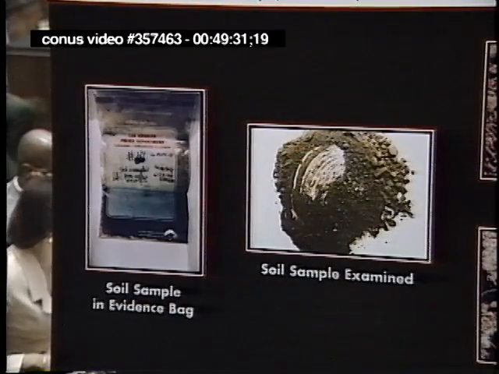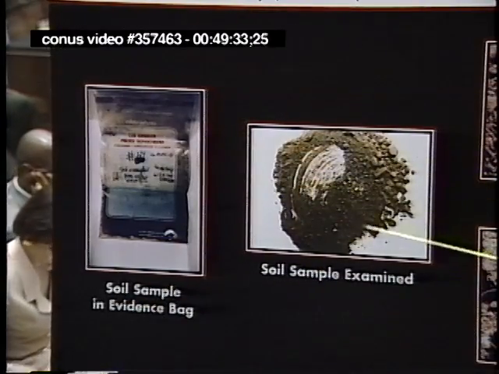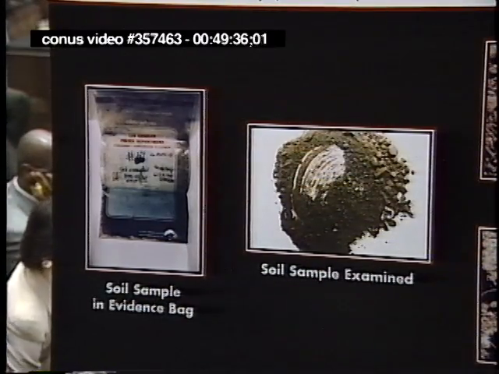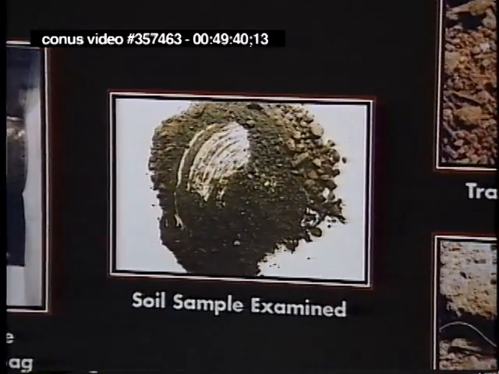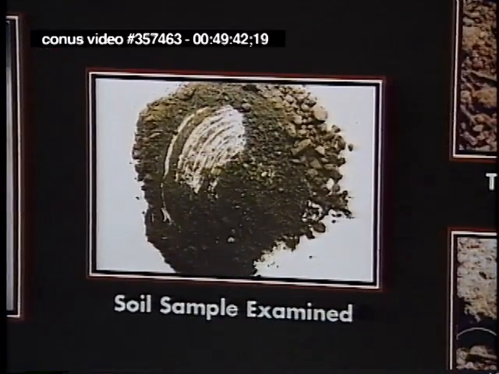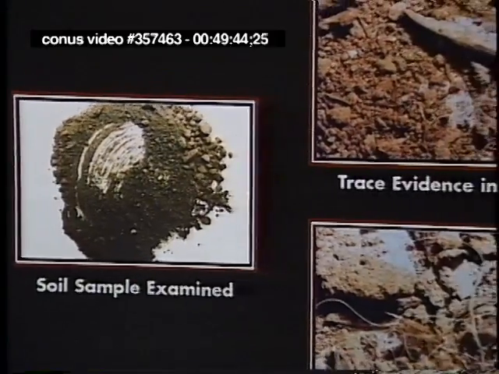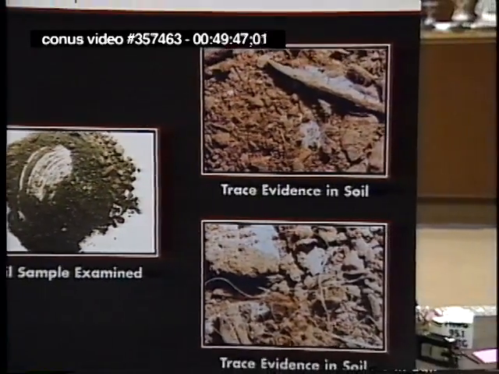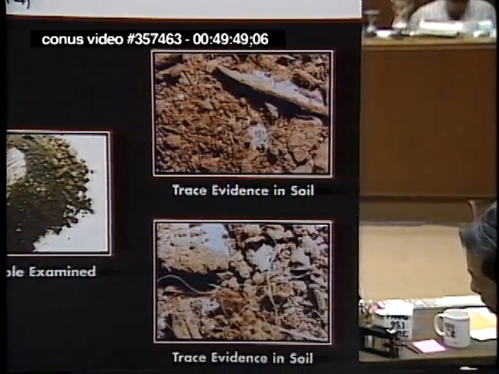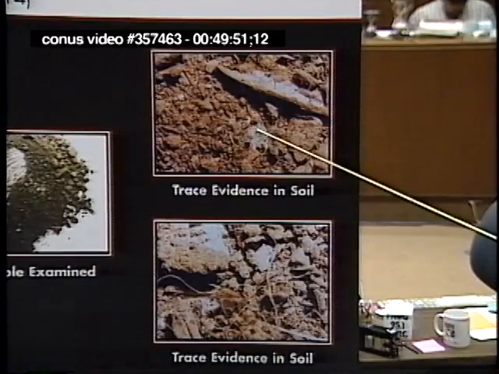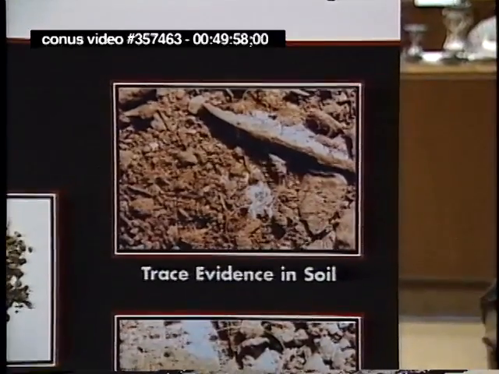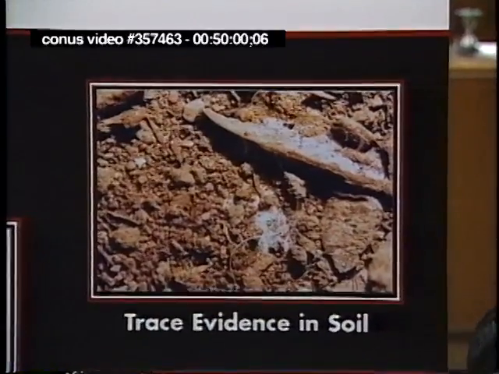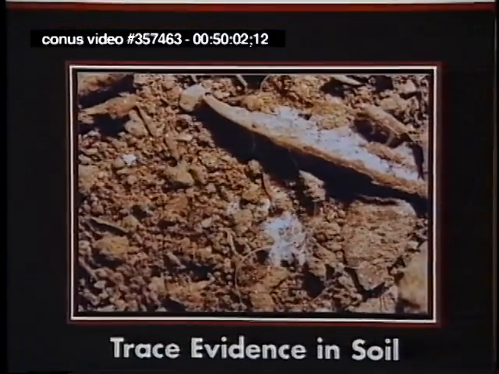That shows an overall view of those soil samples in this plastic bag. The 2 photographs on the right are photo micrographs, taken through a microscope, which show besides the soil, there is a large amount of trace material present in this soil sample.